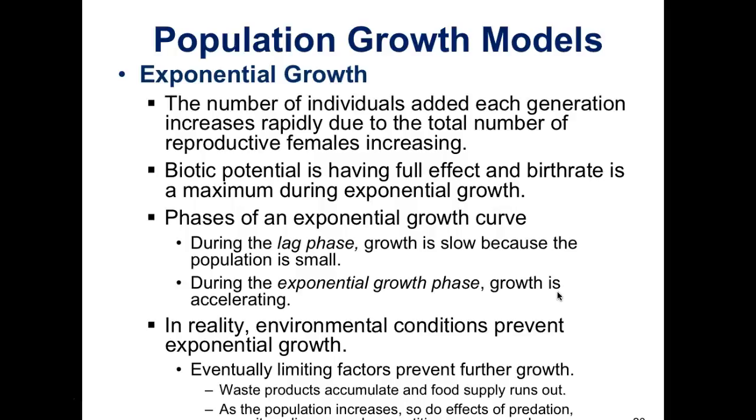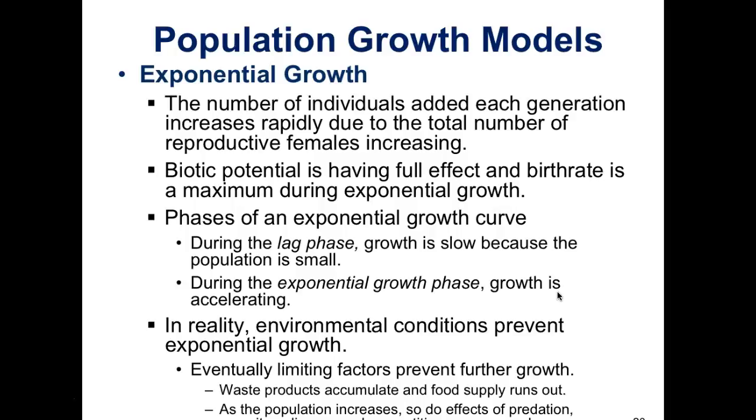Ultimately, the number of individuals added each generation increases rapidly due to the total number of reproductive females increasing. Biotic potential is having the full effect, and birth rate is at maximum during the exponential growth. There are phases throughout the exponential growth curve.